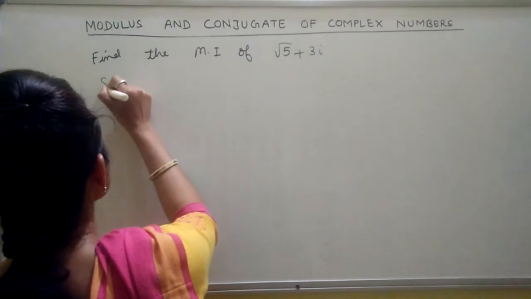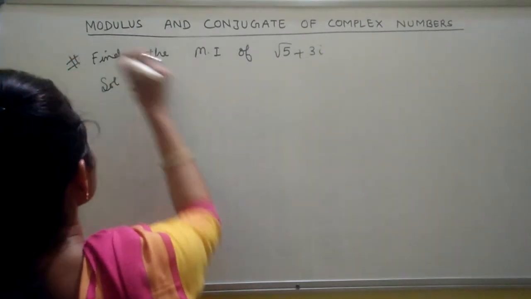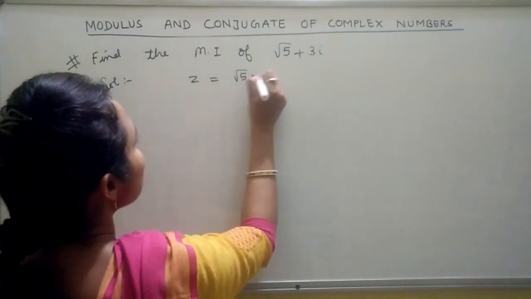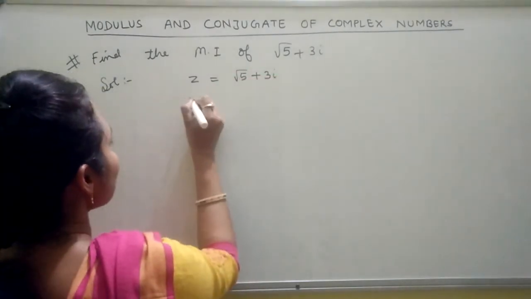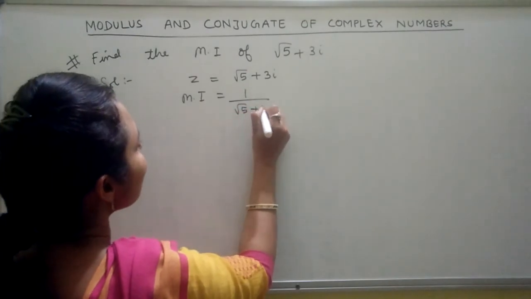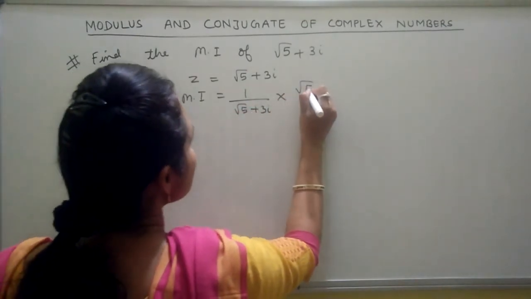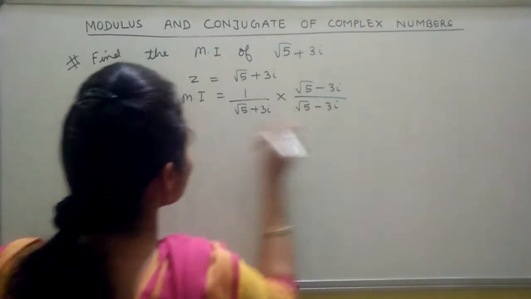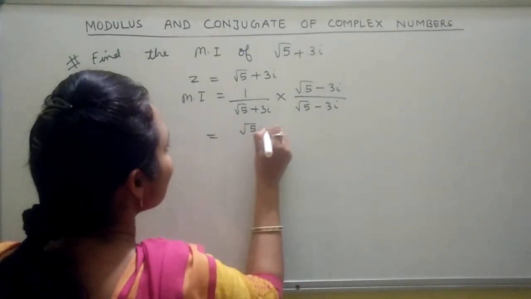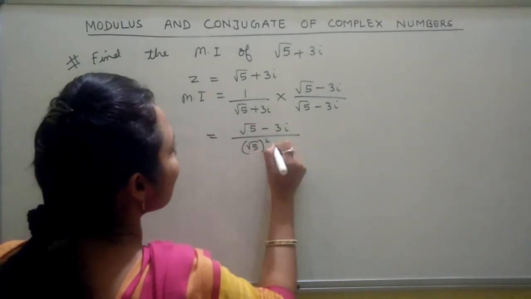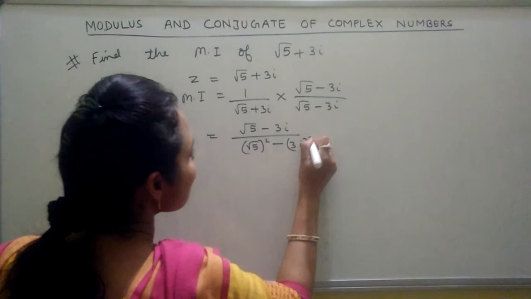So how can we find the solution? z equals root 5 plus 3 iota. The multiplicative inverse is 1 upon root 5 plus 3 iota. Take the rationalization: root 5 minus 3 iota upon root 5 minus 3 iota. In the denominator, root 5 whole square minus 3 iota whole square.